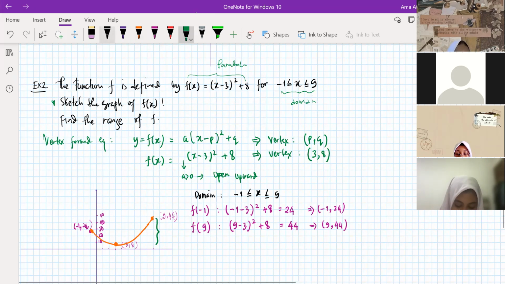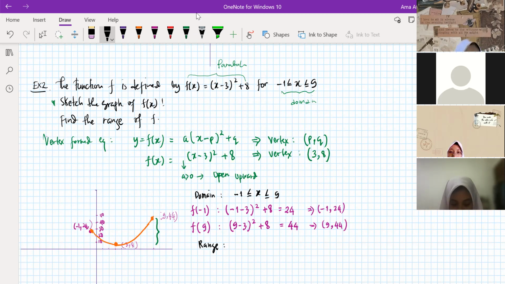So what is the range? Can you please give me the range? The range is from 24. We are taking from here? If it is only 24, the range is only from here to here.